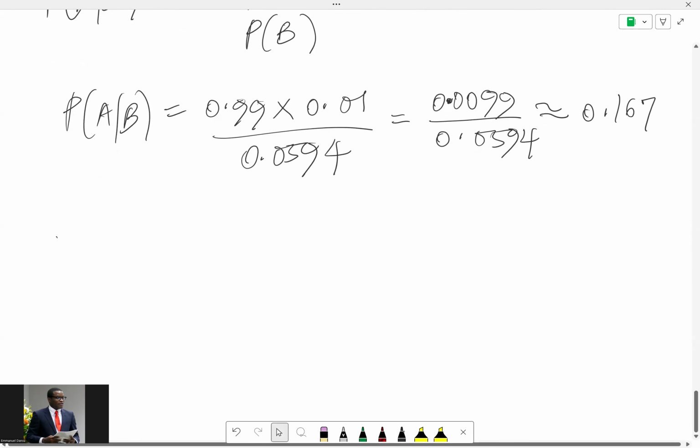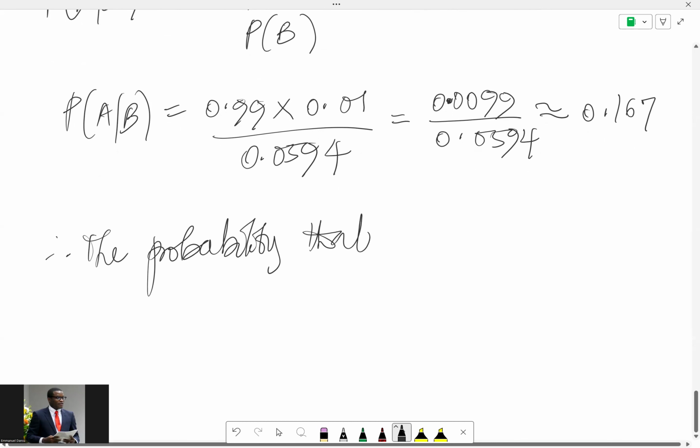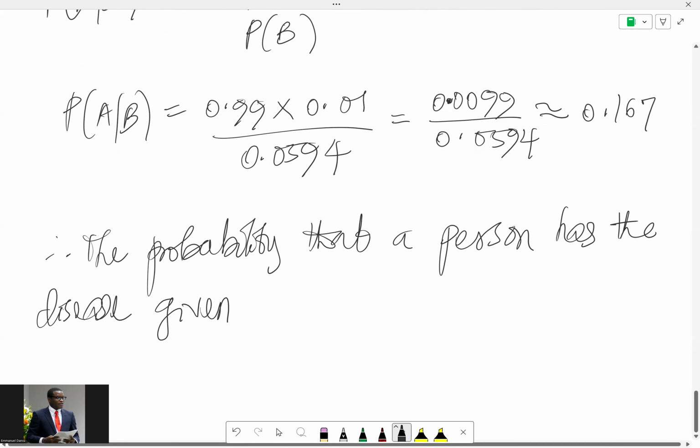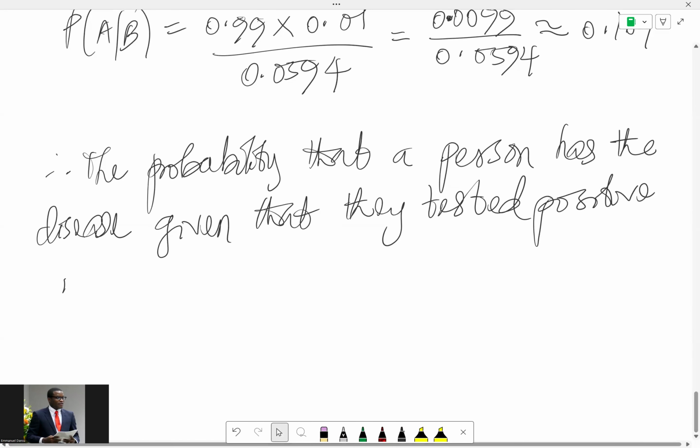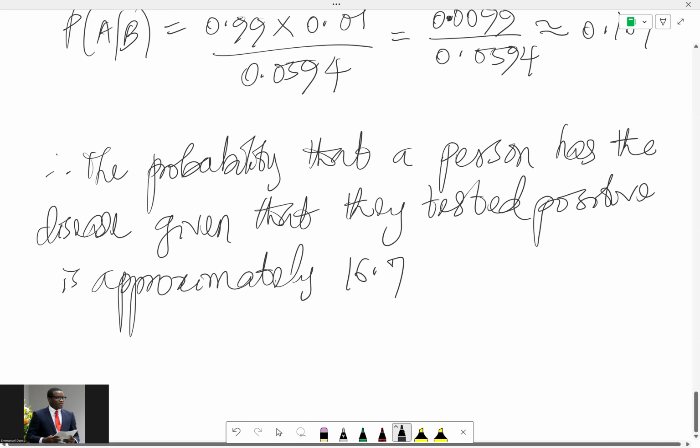So now say that, therefore, the probability that a person has the disease, given that they tested positive, is approximately 16.7%.